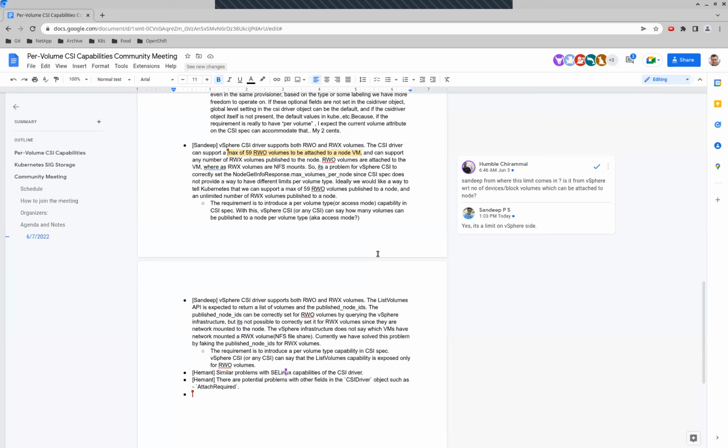which I think would address everyone's needs, right? Because at that point, you know where the volume is, what kind of volume it is, and what it's going to be able to do, and you would just need to signal back some key that lets you know what kind of volume you actually got.